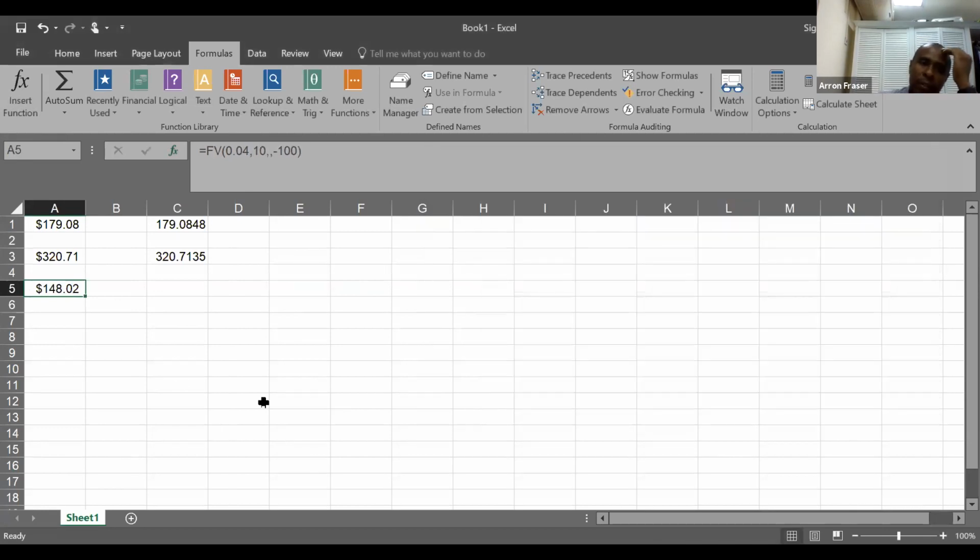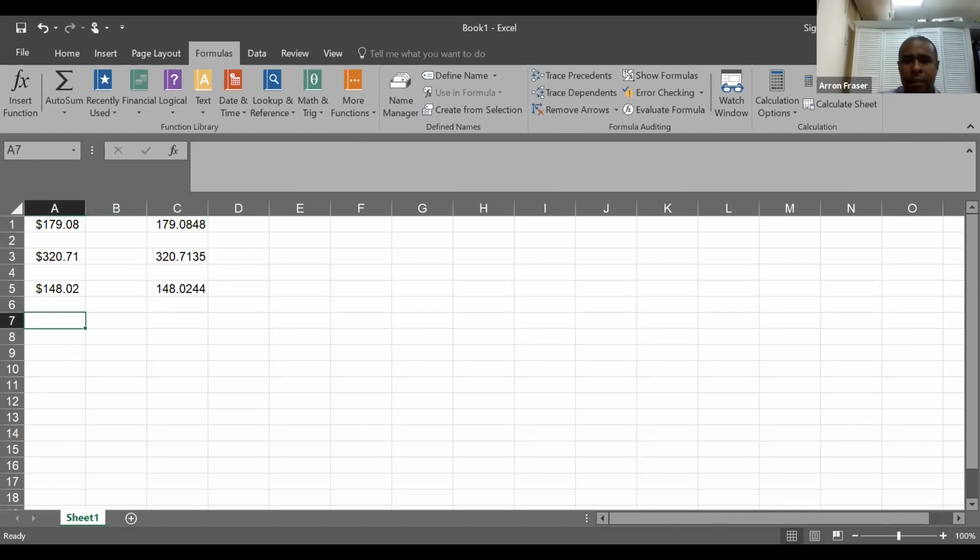So that'll be 148.02. If you like it the long way, then it's equal to 100 times bracket 1 plus 0.04, caret 10 years. You'll get back the same.